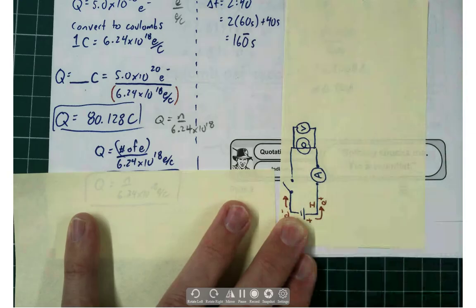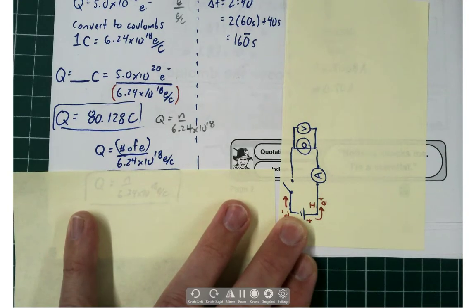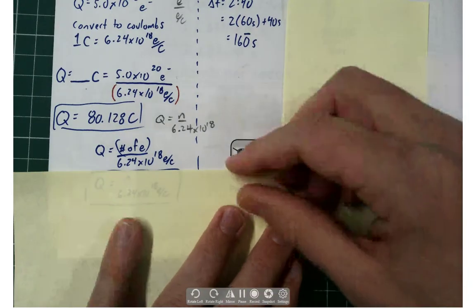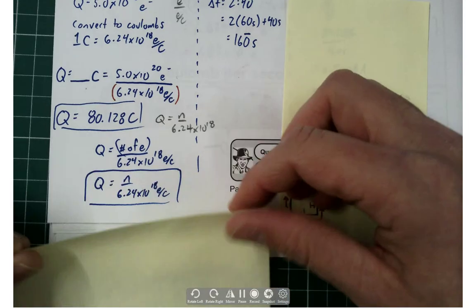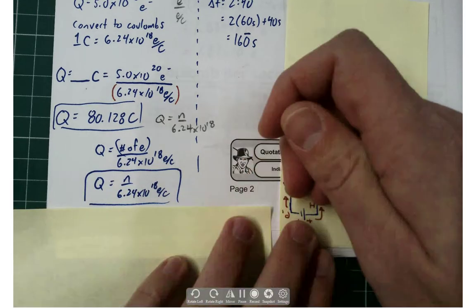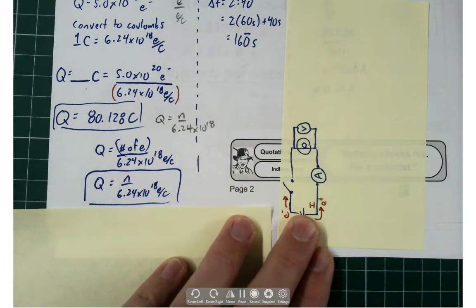That's an alternate way that I've seen this many times. And so that's what I've got here. Q equals N over 6.24 times 10 to the power of 18 elementary charges per coulomb.